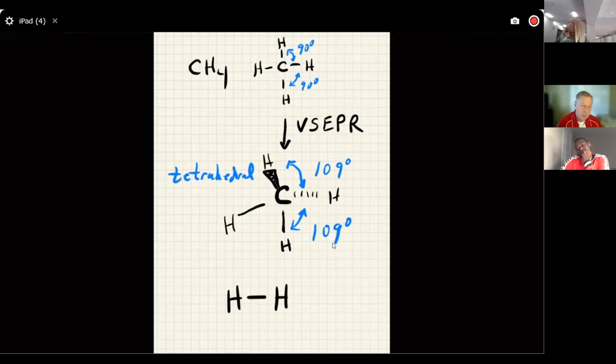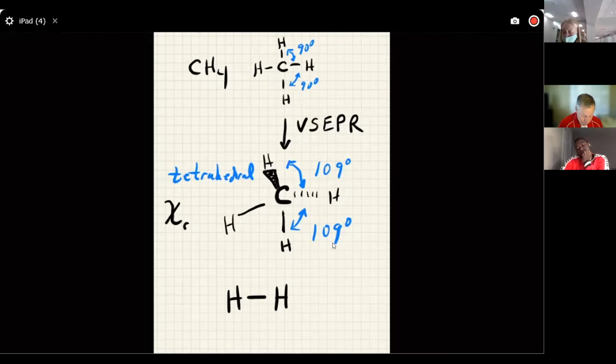Fluorine never gives up electrons to other atoms. So carbon has an electronegativity, or let's do it this way. Let's use the actual symbol. What is the symbol for electronegativity? It looks like an X, but it's actually what we call chi.